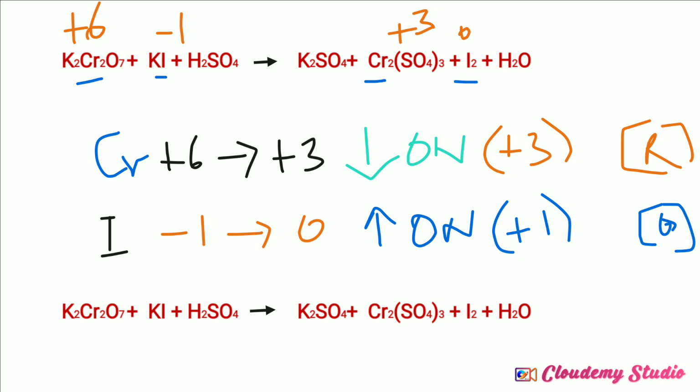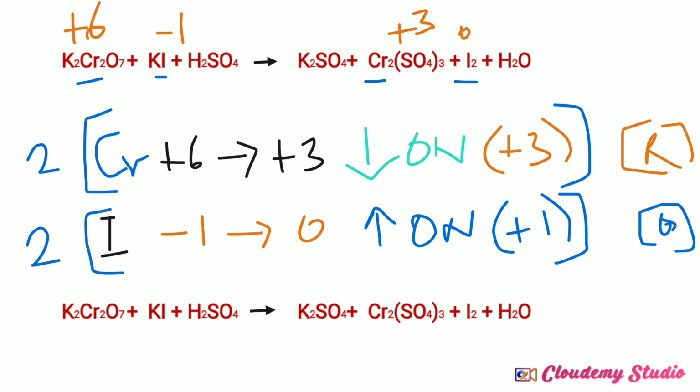That is, this has to be multiplied by 2. Similarly, this also has to be multiplied by 2, because 2 iodine atoms are present. Similarly, here 2 chromium atoms are present. Therefore, we need to multiply by 2.